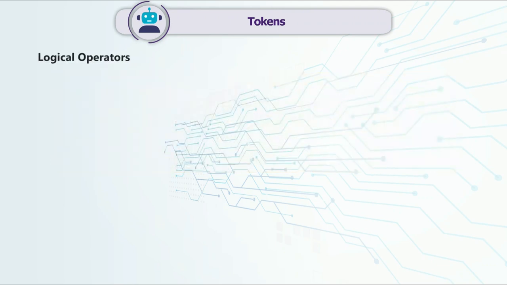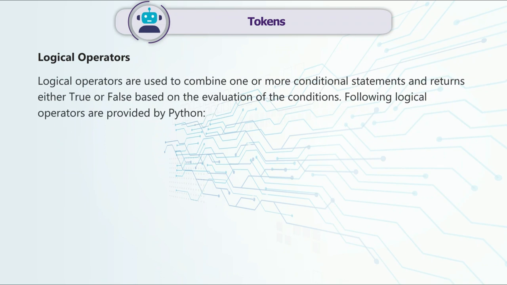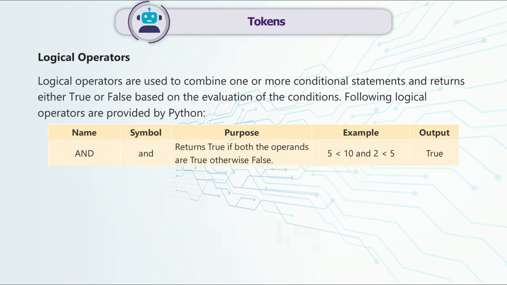Logical operators. Logical operators are used to combine one or more conditional statements and return either True or False, based on evaluation of conditions. Following logical operators are provided by Python: name, symbol, purpose, example, output.